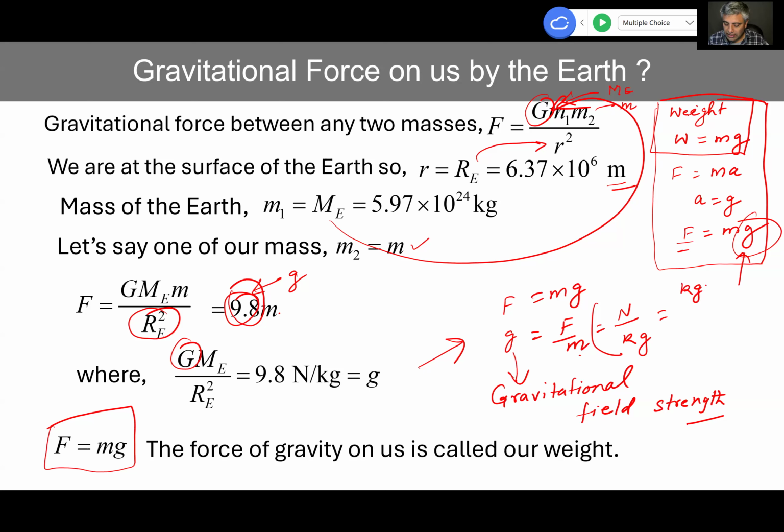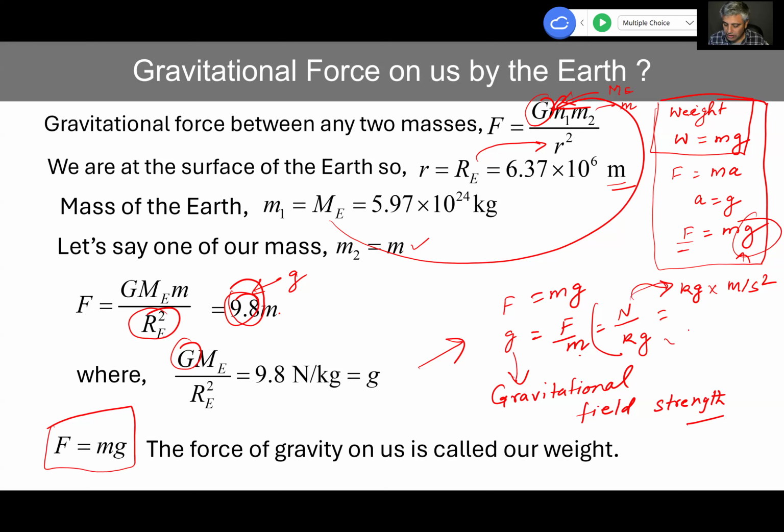We can see that easily if we expand the Newton. Remember, force is mass times acceleration. So the unit of force is kilogram times meter over second squared.